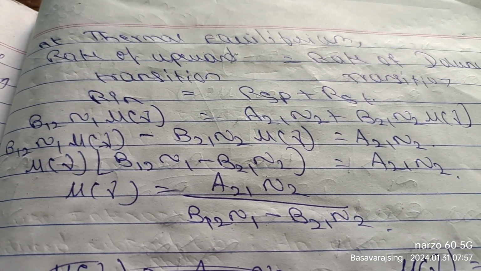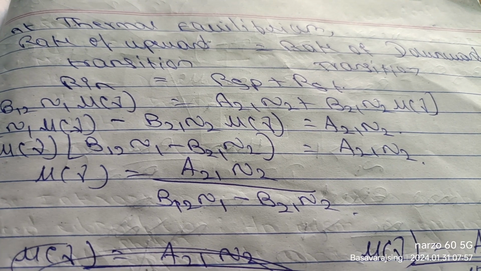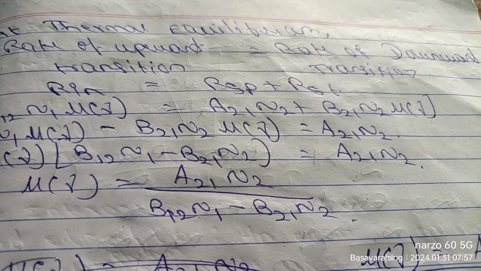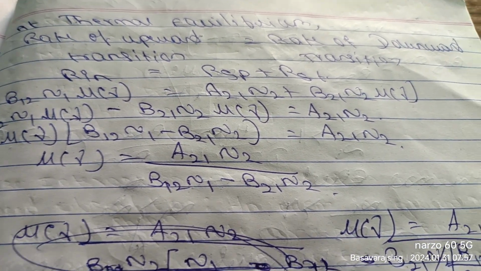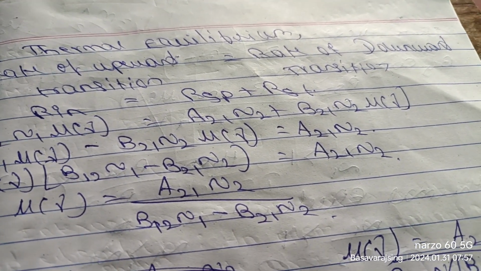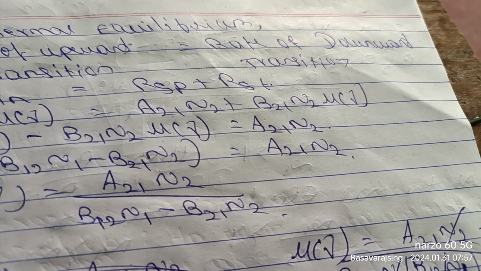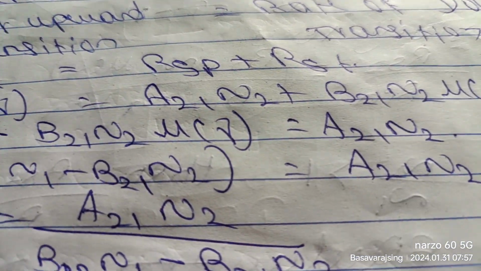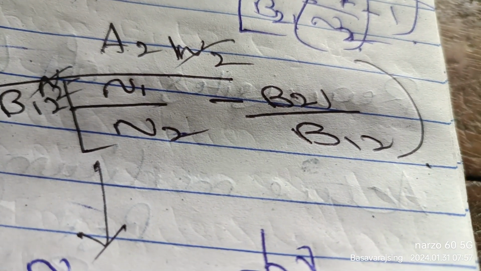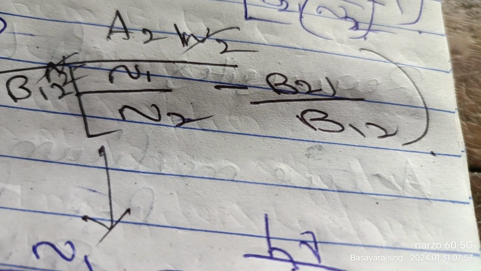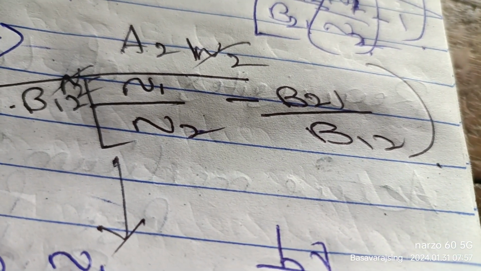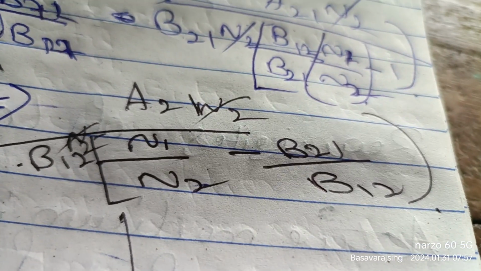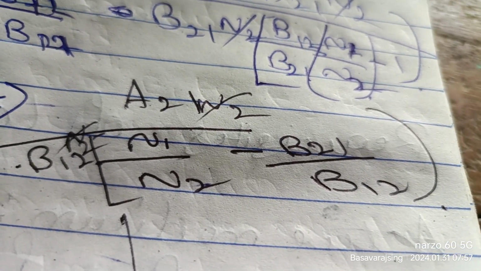Then mu of nu should be taken as common: B12 N1 minus B21 N2, multiplied by mu of nu, equal to A21 N2. Then mu of nu is equal to A21 N2 by B12 N1 minus B21 N2. Here B21 N2 can be taken common. N2 in the denominator and N2 in the numerator get cancelled. Here we have B12 by B21, N1 by N2, minus 1.